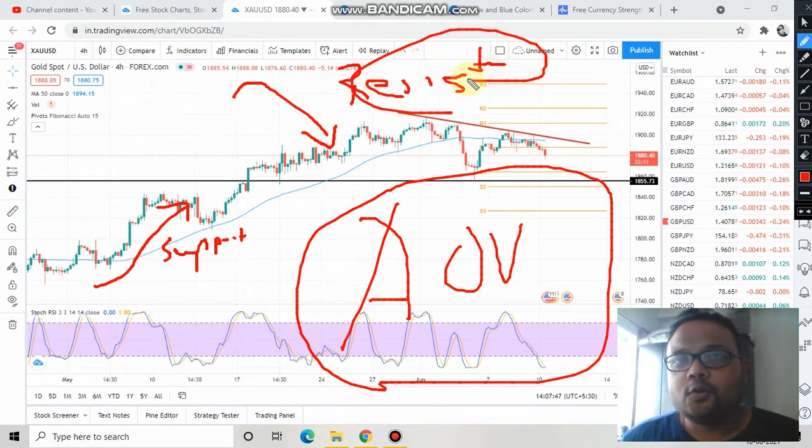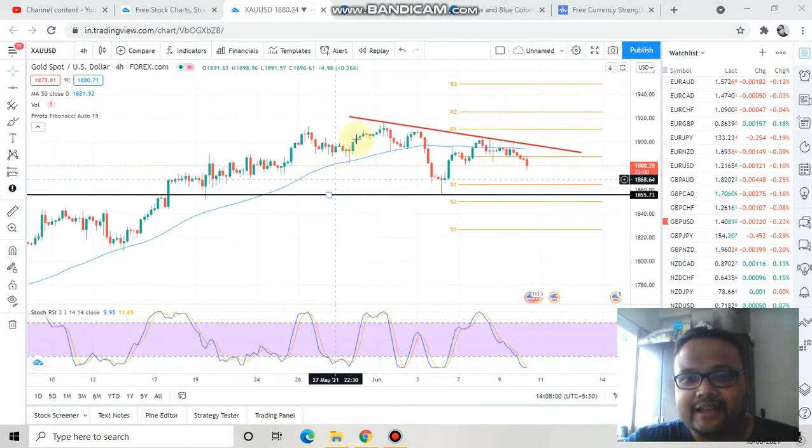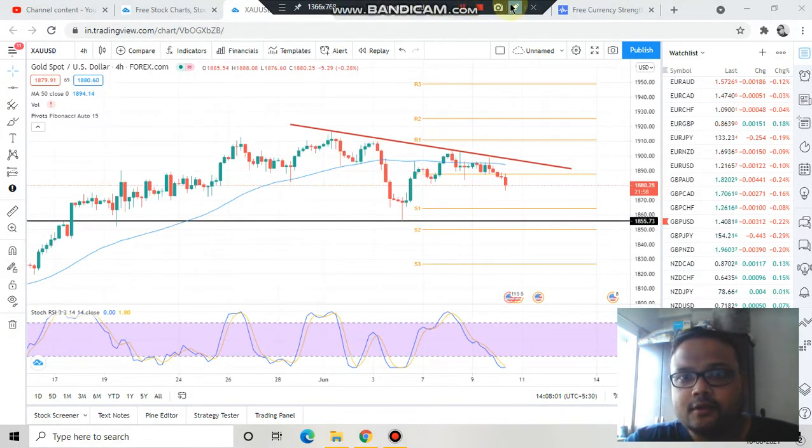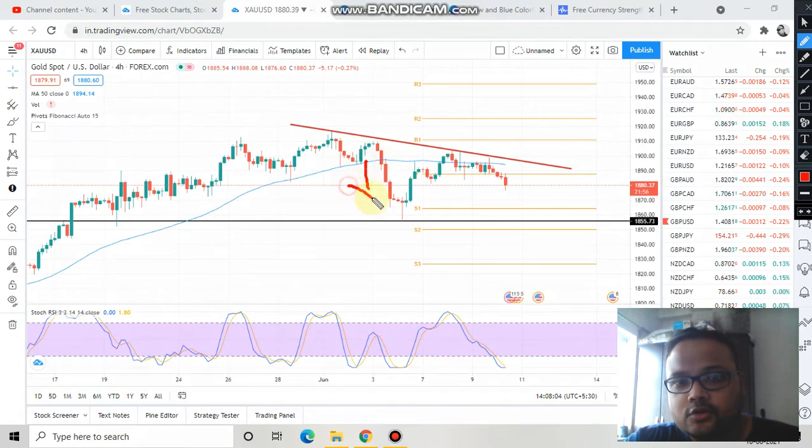Right now, as we just saw, gold USD is in an uptrend. Therefore, our best trading opportunity in this market will be at the support, and our duty is to find the support. As we can see, when the market saw a huge sell-off and made these fat red candles, the market took support at this price level.